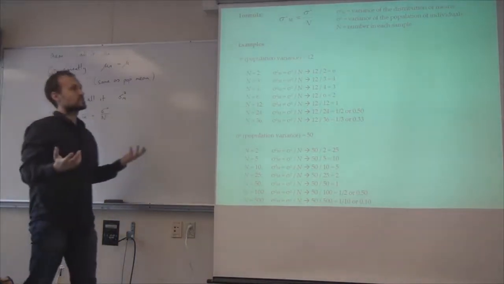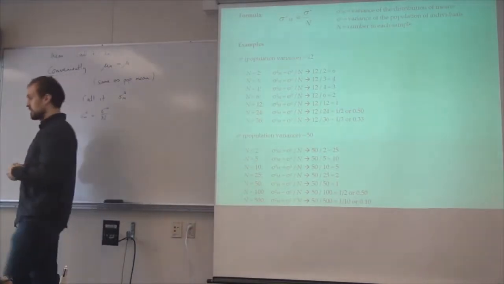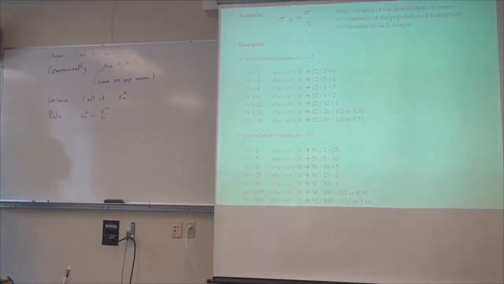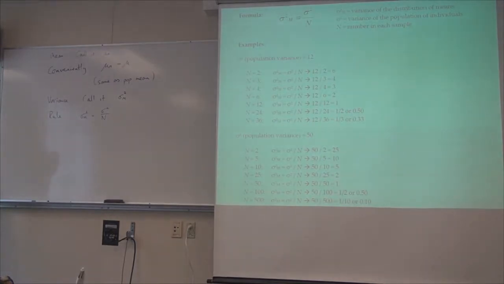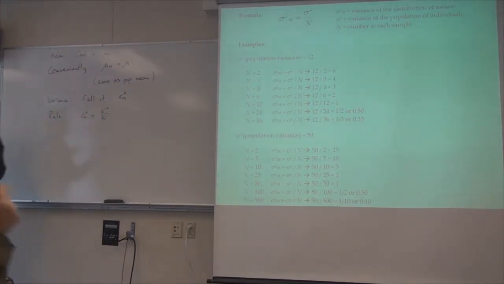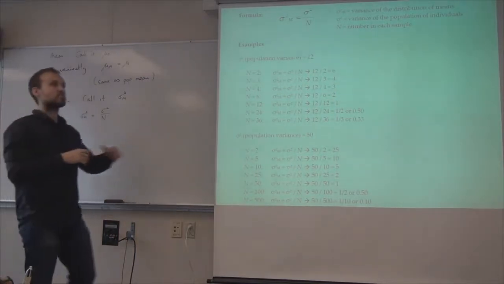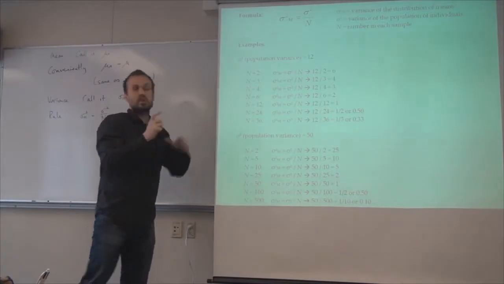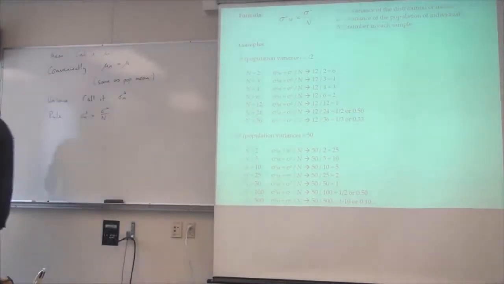Let's say the population is 100,000 people. If I take samples of 99,000 people, all possible samples of 99,000 people, that is so representative of the whole stadium, I'm not going to see much difference between those samples. The variance is going to be extremely low. There is no real difference between them.